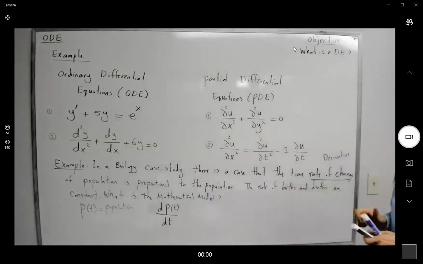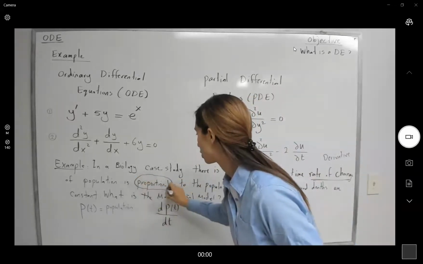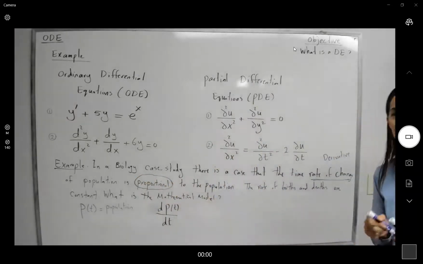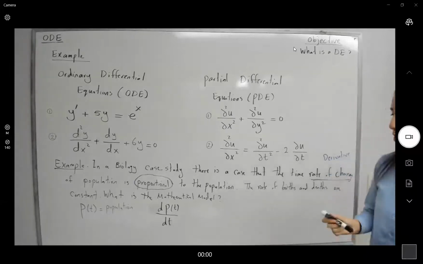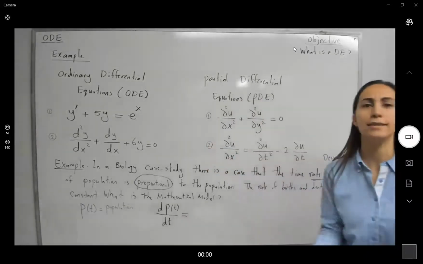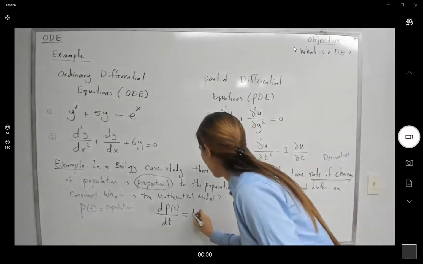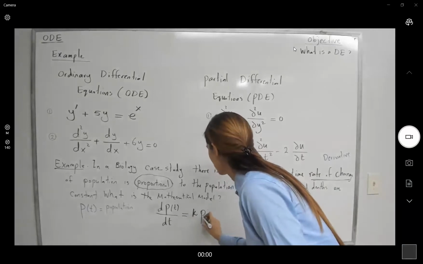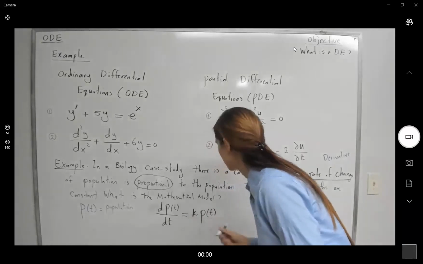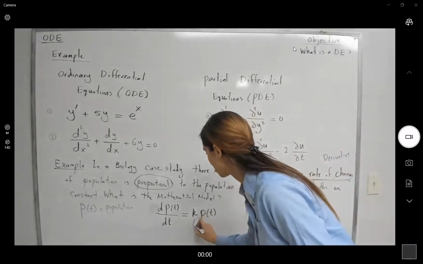It says it is proportional to the population itself. Proportionality, it means that it is equal to a constant like C, like K, any constant that you like. K times P of T. K is the constant coming from algebra.